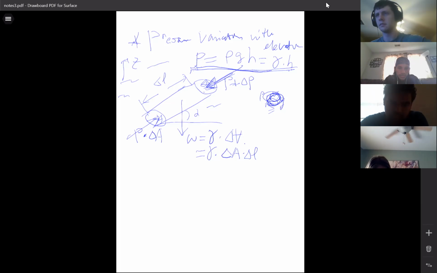Yes, hydrostatics is easy to understand, but in flowing fluid, man, with the direction of the flow, then you will be confused. But still, the pressure force is always towards your surface, no matter what the flow direction is. Okay, so what is the expression for the pressure force on the top surface? P plus delta P times A, or delta A, excuse me.